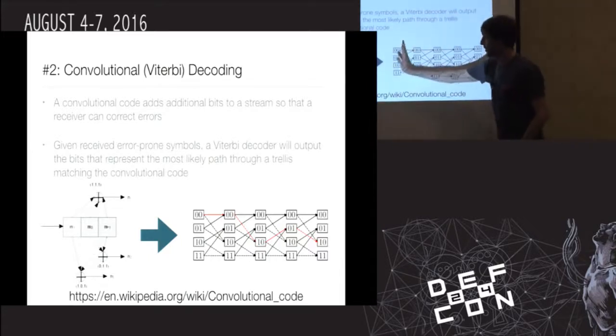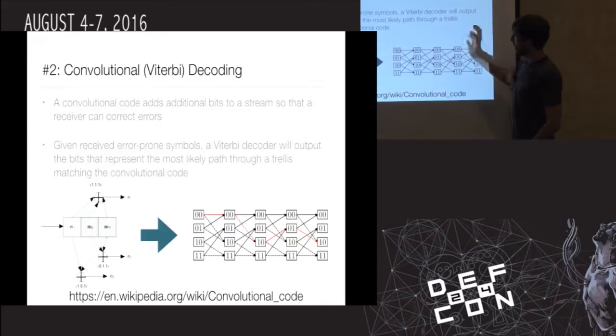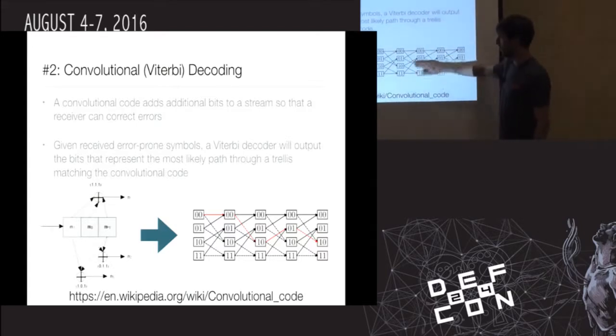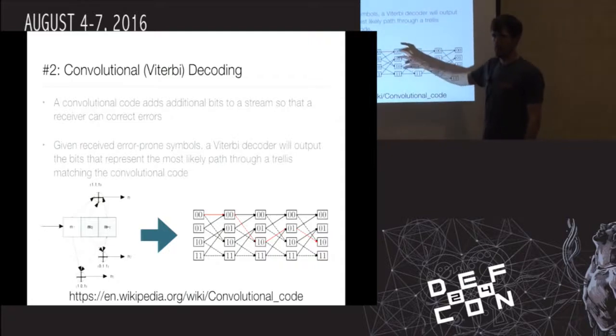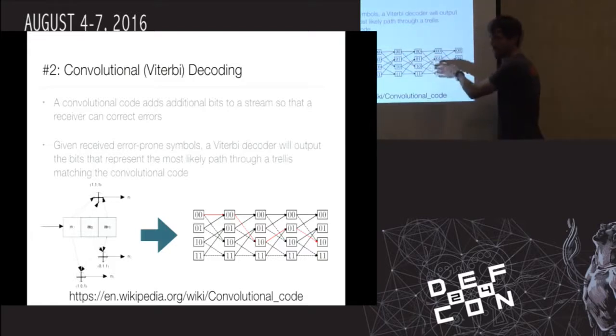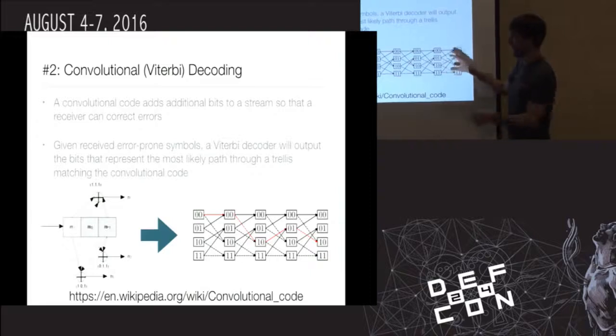And as you fill in your received symbols, the decoder will try and find the most likely path to traverse through the trellis that matched the symbols that you actually received. So although you might receive some symbols in error that won't exactly match what's in these elements here, it will still find the most likely path, because there are going to be paths that are more likely than others, and then it'll use that as the data that you actually received. And in that way, you can then correct or recover the bits that might have been corrupted.